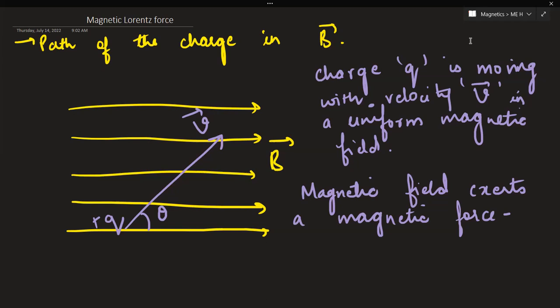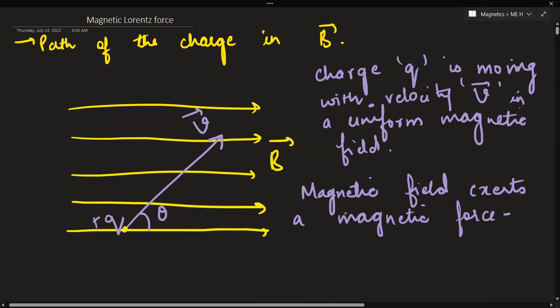Before moving into the actual magnetic Lorentz force, just understand, a charge q is there, moving with velocity v in any random direction, making an angle theta with the magnetic field lines. Charge q is moving with velocity v in a uniform magnetic field B. So we are just seeing the motion or the path of the charge in this magnetic field.